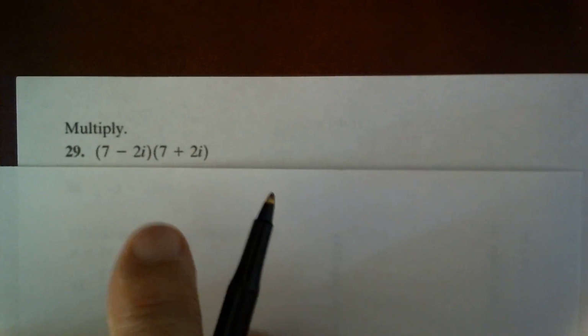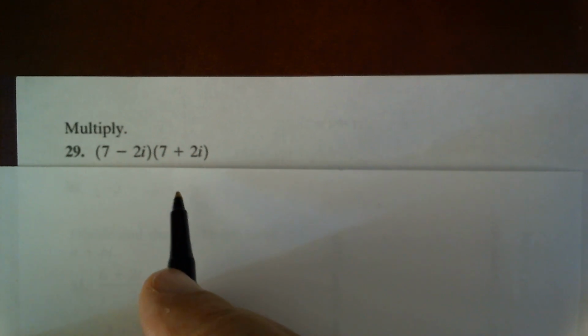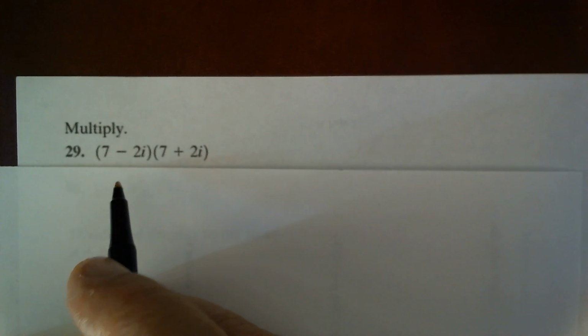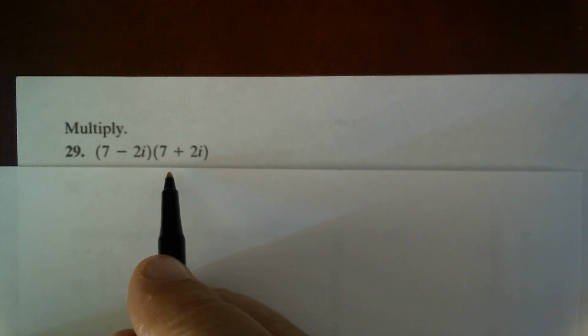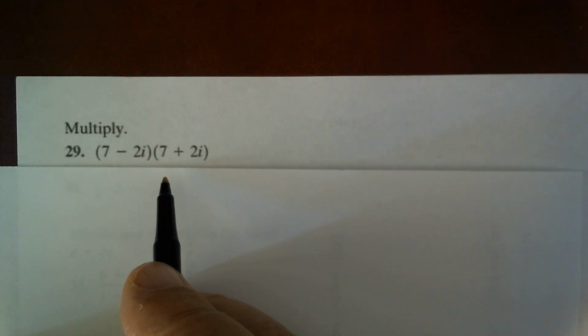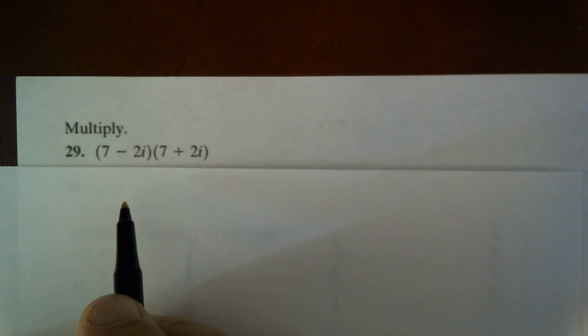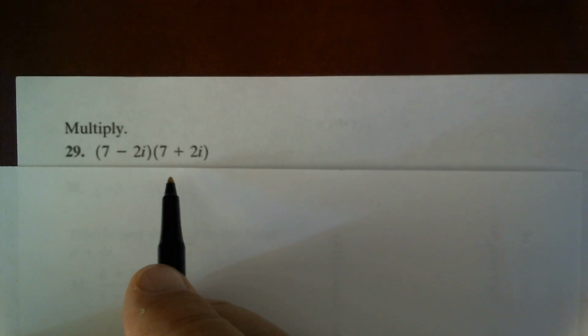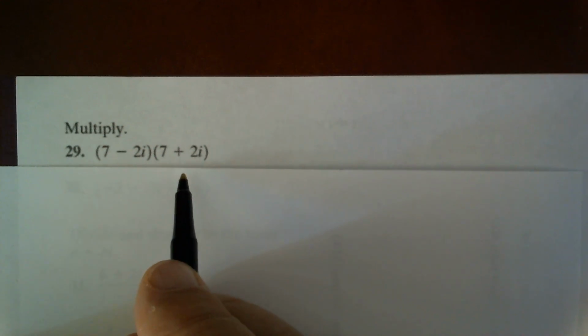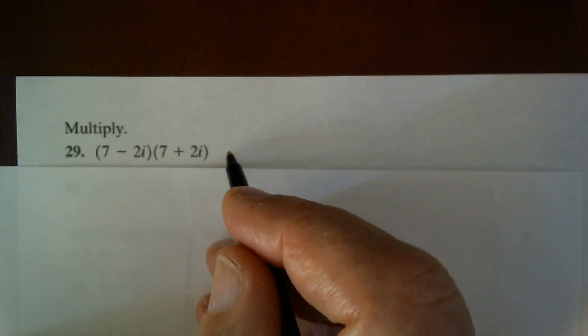So when we multiply two complex numbers that are conjugates of each other, we use the property of a minus b times a plus b, which was a squared minus b squared. And similarly, when we had radical expressions of this type, the radical disappeared. And similarly, when we multiply conjugates, then the imaginary part disappears also. So here's how it works.